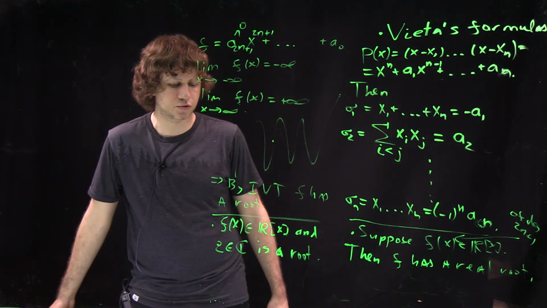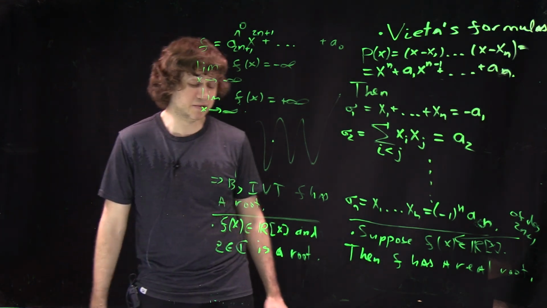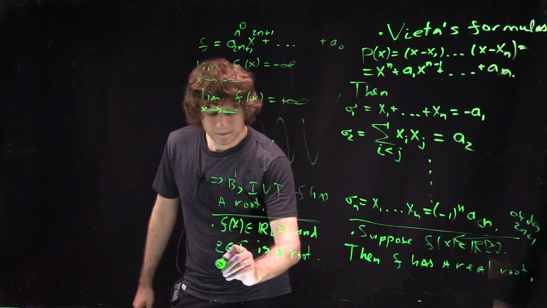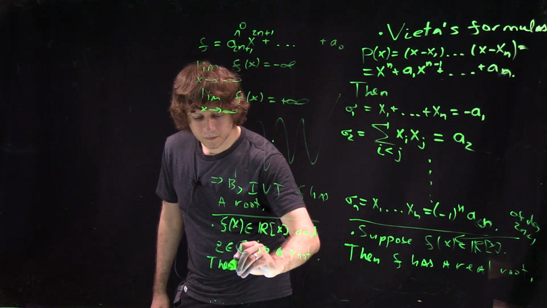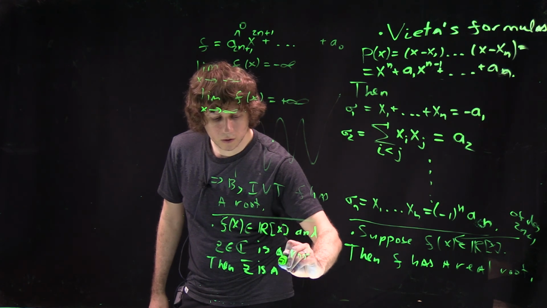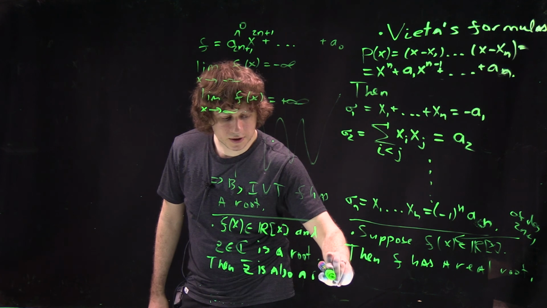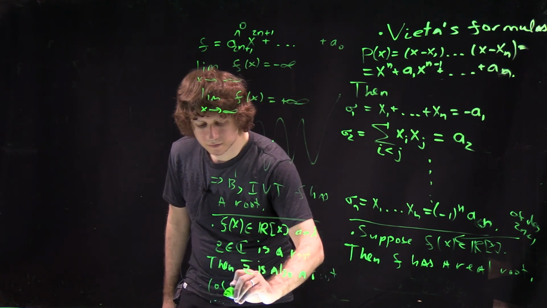You still know how to do that, since reals are just special complex numbers. Then z bar is also a root, and you can say of the same multiplicity.